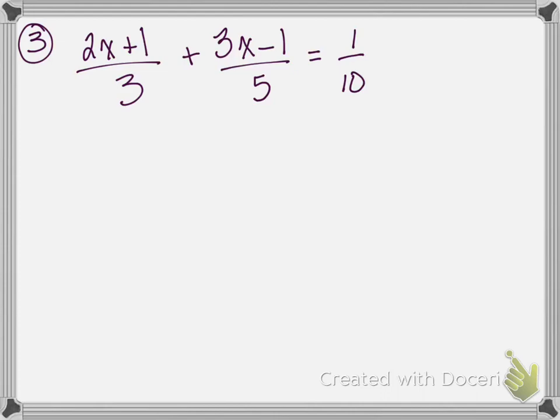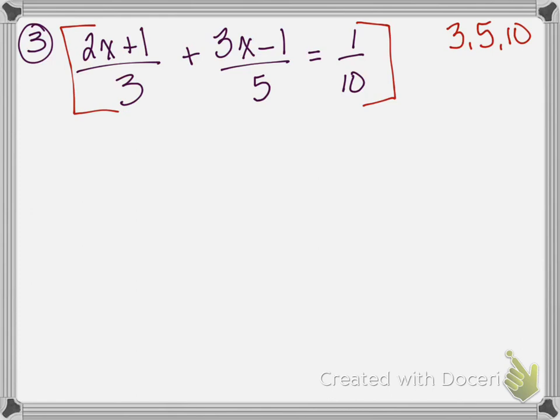Okay? So, I am looking for the LCD of 3, 5, and 10. So I am going to multiply the entire problem by the LCD of 3, 5, and 10.